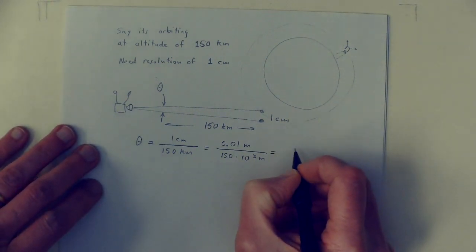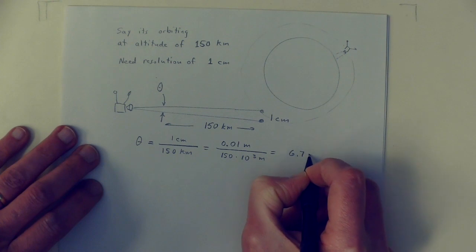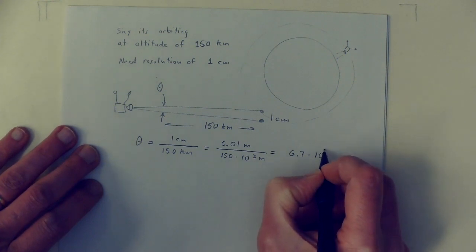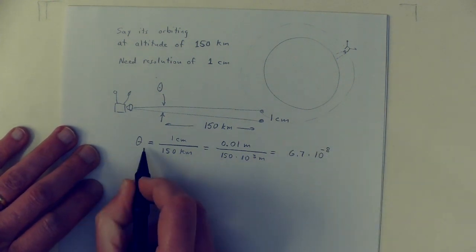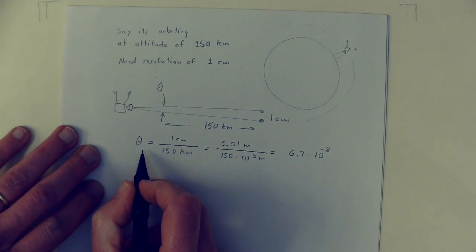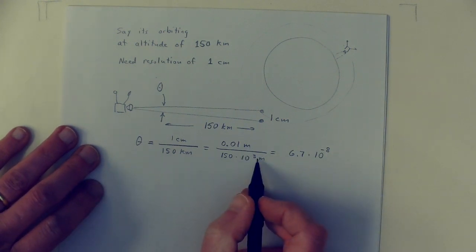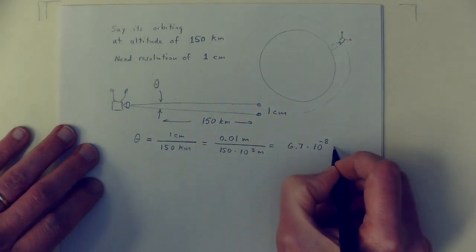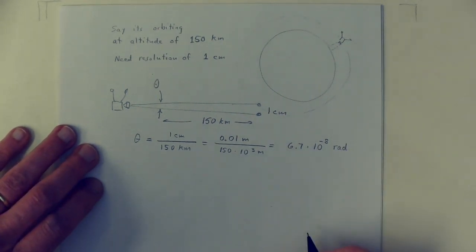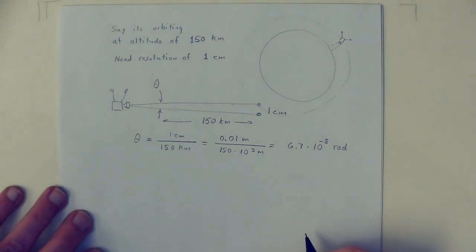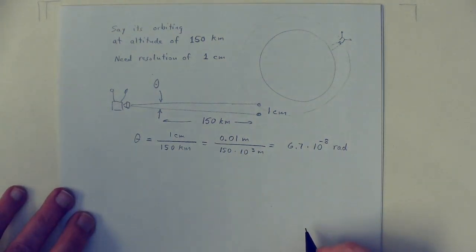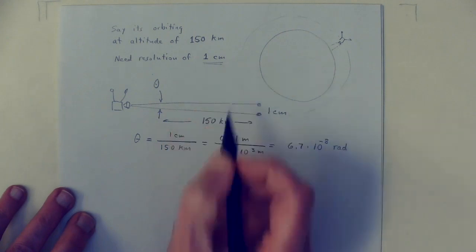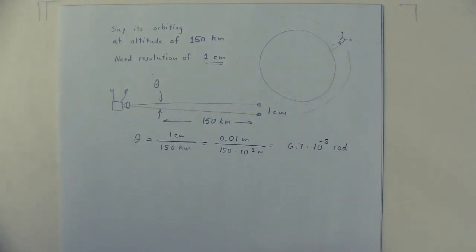And if you do all that, you're going to come up with a number of 6.7 times 10 to the minus 8. This is the angle. What units do I have for this? This is meters divided by meters. That's nothing. Oh yeah, nothing means it came out in radians. Okay, so that's the needed angular resolution to get this distance resolution of 1 centimeter.